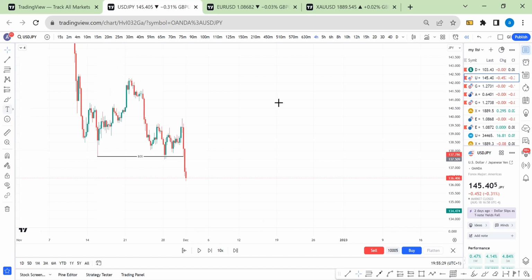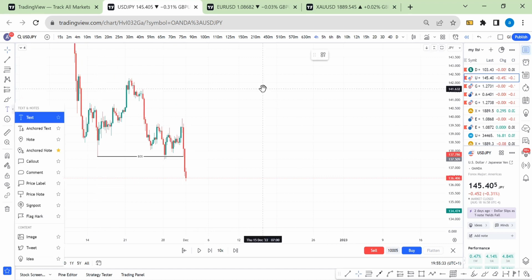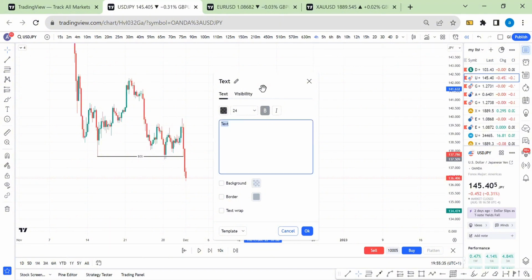If you are having fractal structure, for fractal structure, weak break is break of structure.